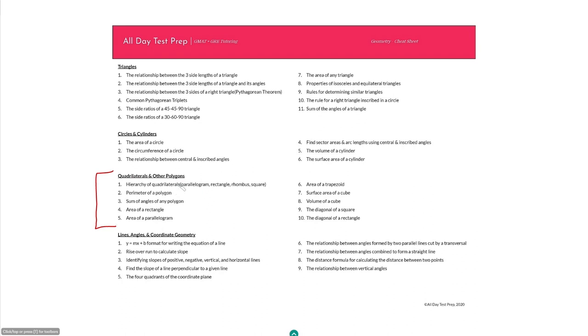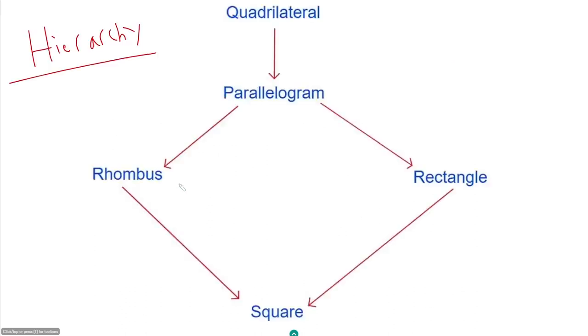Let's start by just talking about the different types of quadrilaterals and their properties, as well as how they are connected. This diagram here that looks like a flowchart, I think of it as sort of a hierarchy of quadrilaterals. In other words, as you go down the flowchart, every shape contains all of the properties of the things that come before it, or the things that are connected to it.